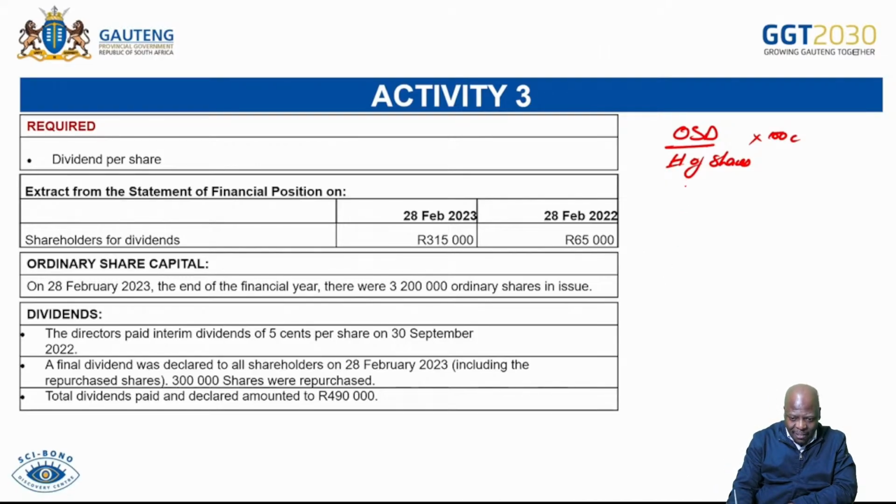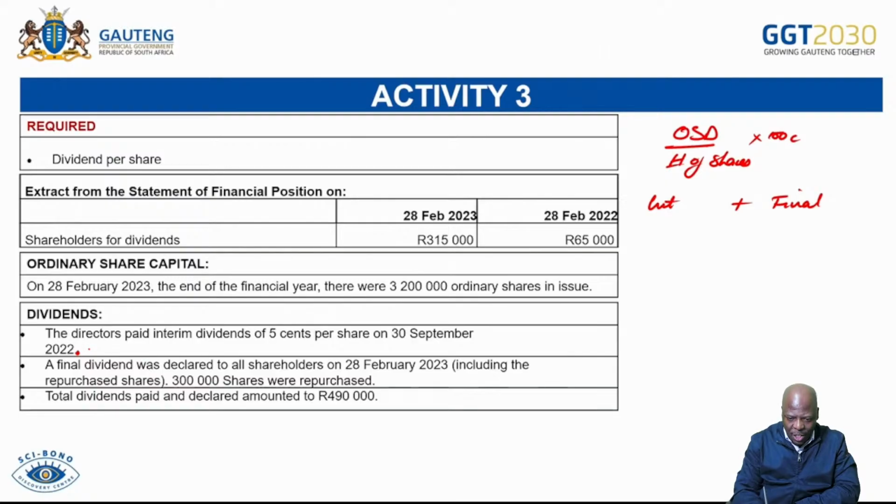When I talk about my ordinary share dividends, I'm simply talking about my interim and my final dividends. We are told that at the end of the financial year, there were 3.2 million shares and an interim dividend of 5 cents was paid on 30 September.